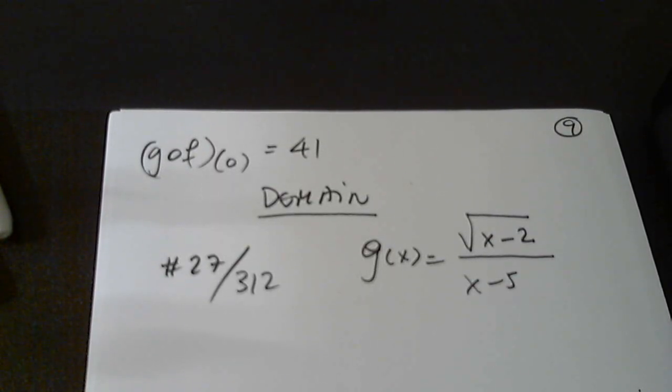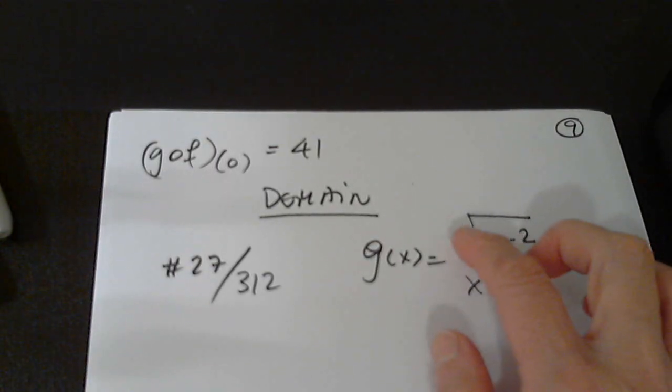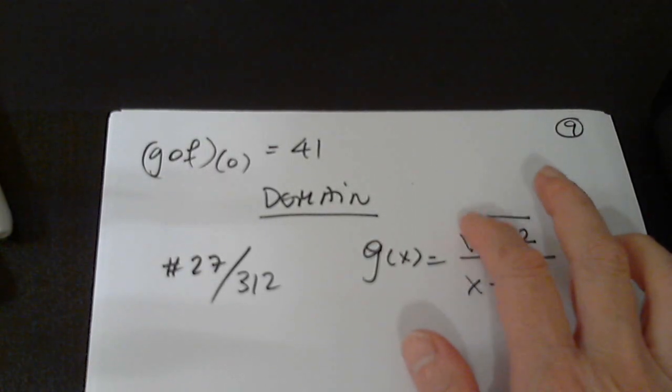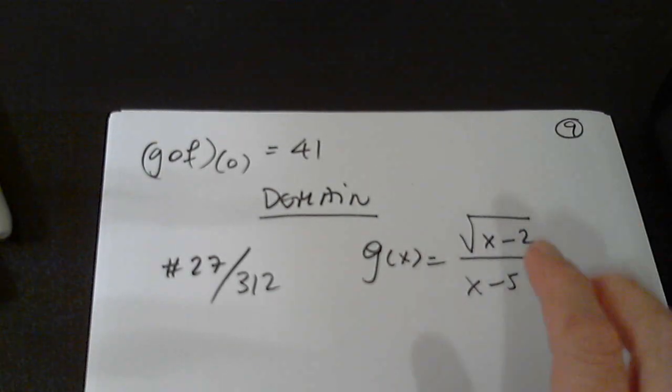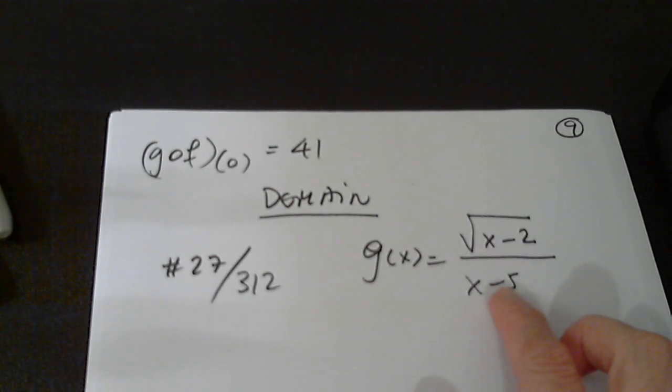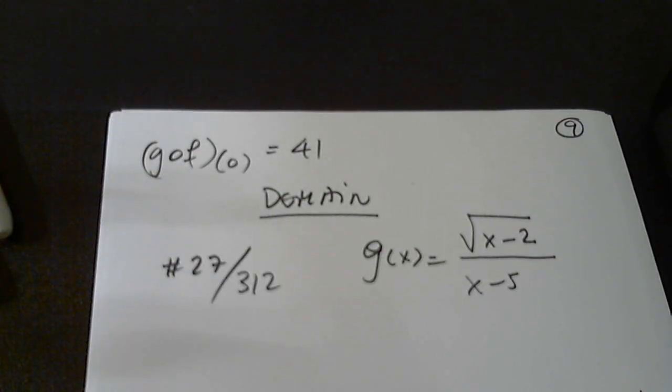Now, there are two potential issues here. A potential issue is coming from the square root, and another one may be coming from the denominator. Which one would you like to start with? Which of these two?